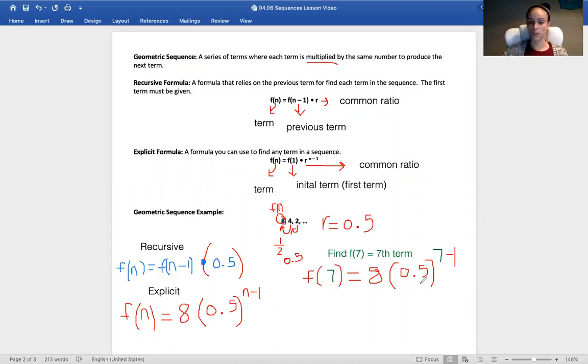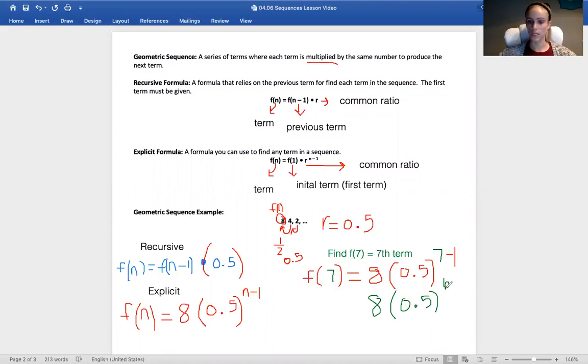I do have exponents. Now, within the exponent, it's kind of actually like a grouping symbol because I need to simplify that before I can do the exponent. So 7 minus 1 is 6. So I have 8 times 5/10 raised to the power of 6.